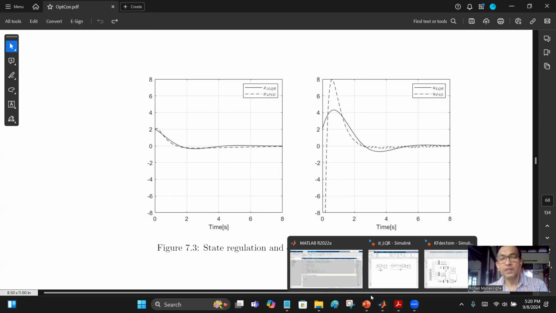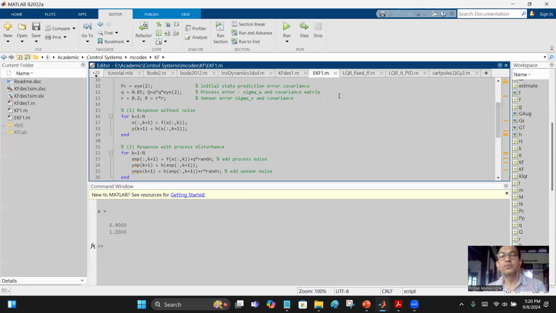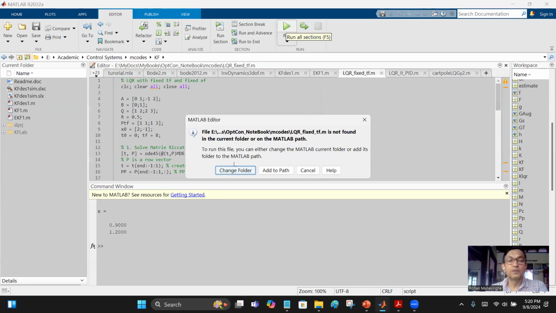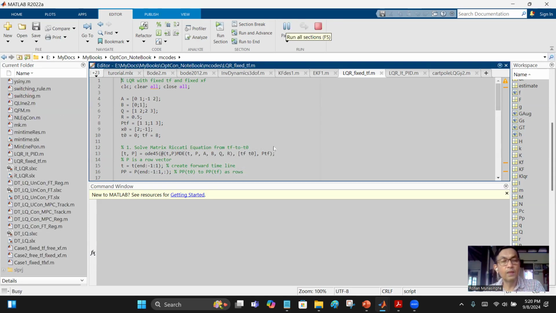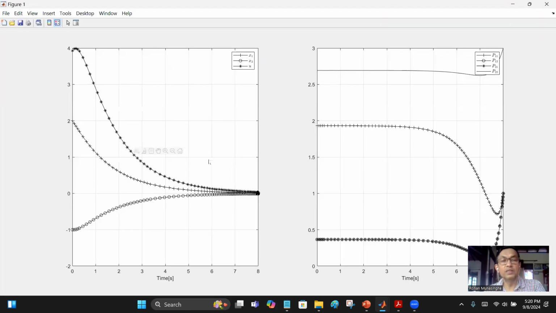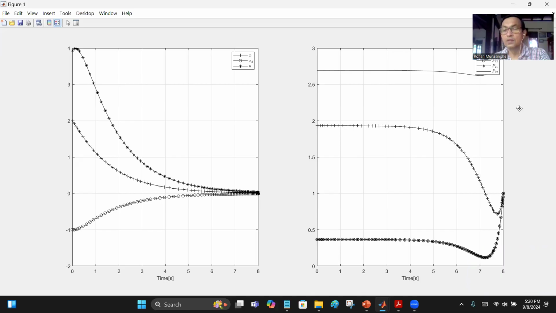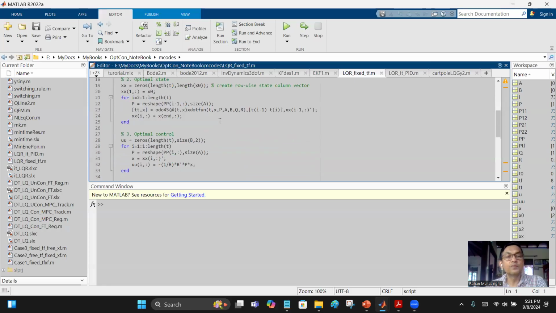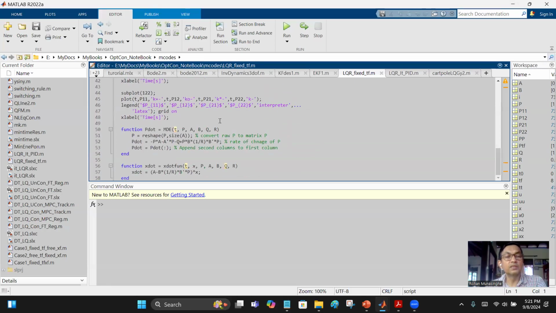I think I have the MATLAB code written for that. LQR, which is fixed time. This is the finite time LQR. The same graphs I showed you earlier, right? I don't need to read all these lines; you can understand.